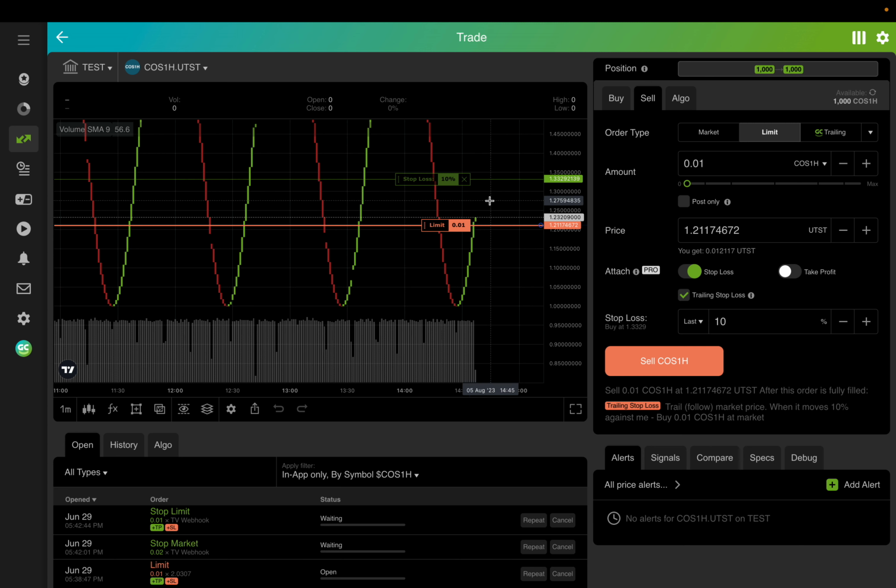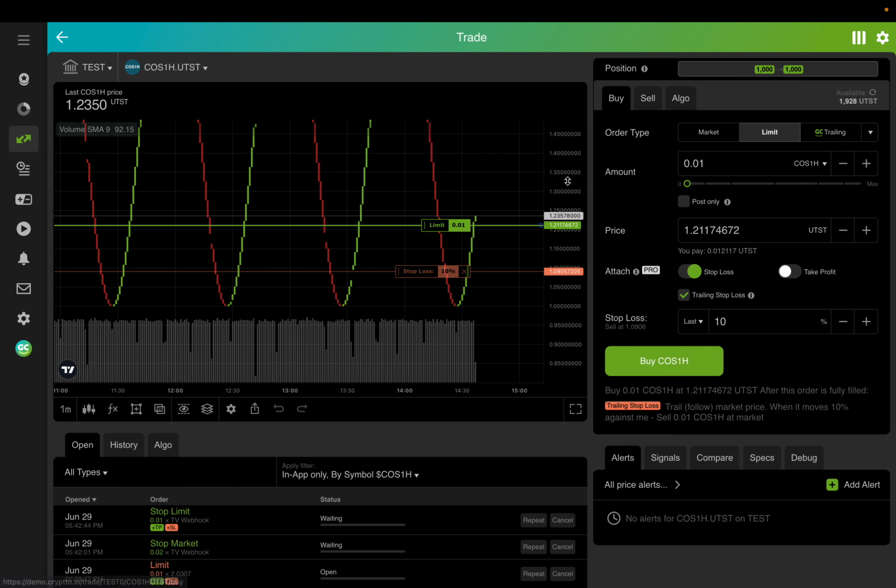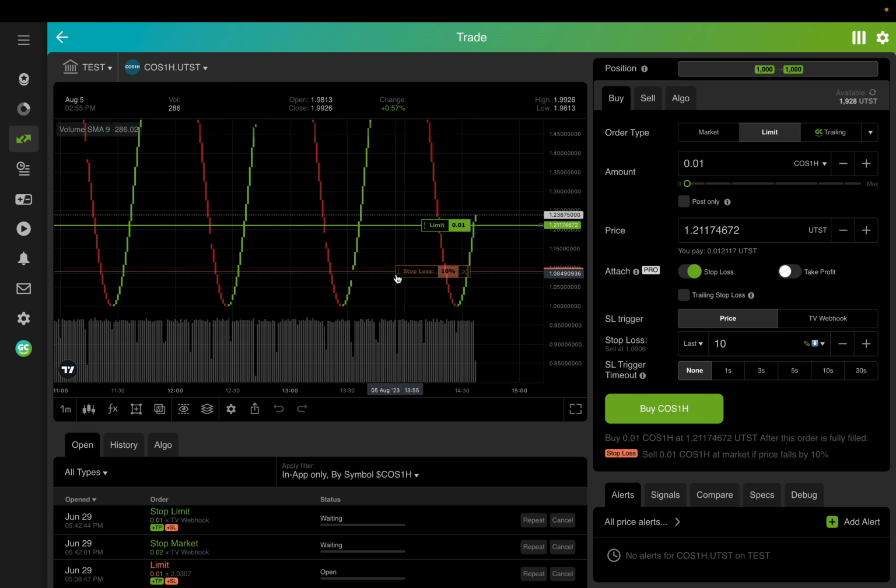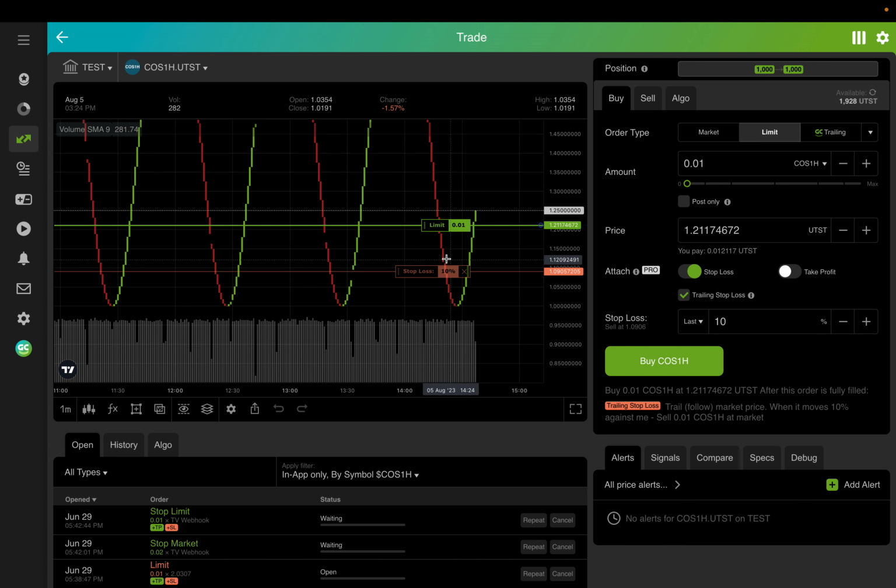So in essence, what does a trailing stop do, or what is it for? Compared to a normal stop loss, if you just send a normal stop loss, you know that the most you're going to lose is 10% if your stop loss is hit. However, even if the price had risen somewhat and then fell down, you'll still lose those 10%. Whereas with the trailing stop loss, also if you were wrong and you bought here and the price went straight against you, you're still going to lose the same 10%.